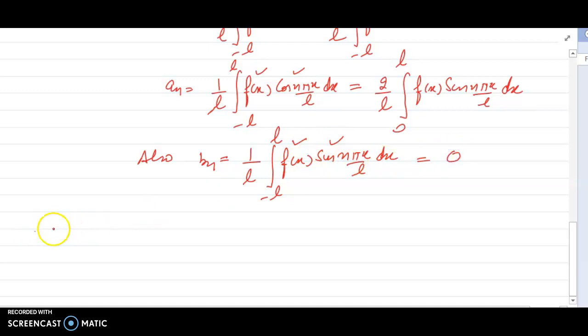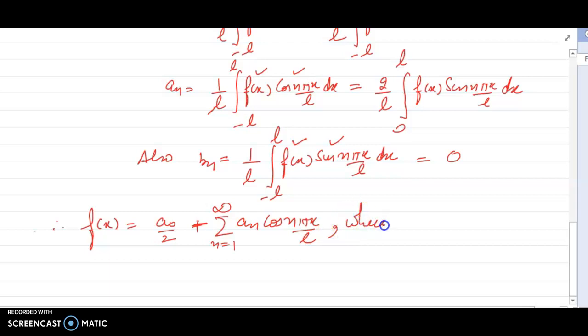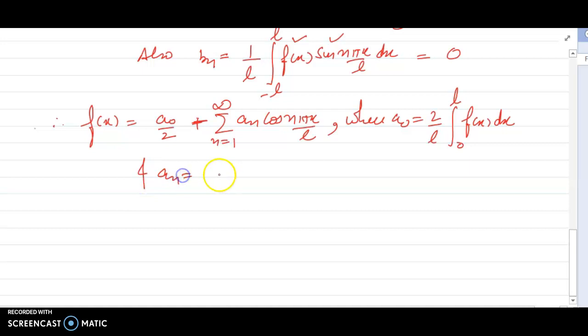Therefore Fourier series in this case will reduce to a naught by 2 plus summation n varies from 1 to infinity an cos of n pi x by L, where a naught is given by 2 by L integral from 0 to L f x dx, and an is given by 2 by L integral from 0 to L f x cos of n pi x by L dx.